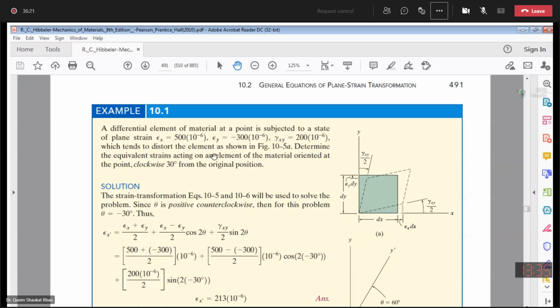Epsilon x is 500 microstrains, epsilon y is minus 300 microstrains, and your gamma xy, the shear strain, is 200 microstrains. Theta is clockwise 30, clockwise is negative, so theta is minus 30 degrees.